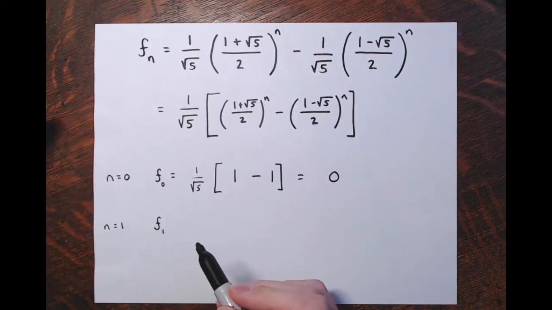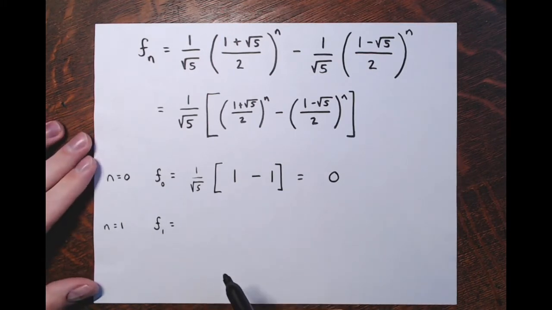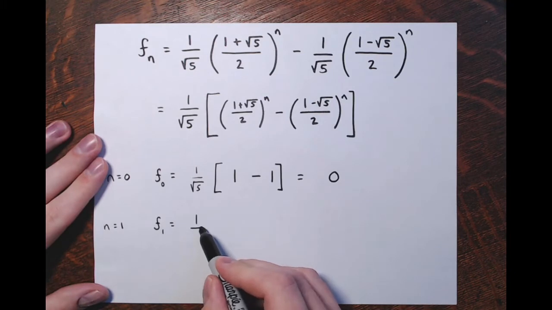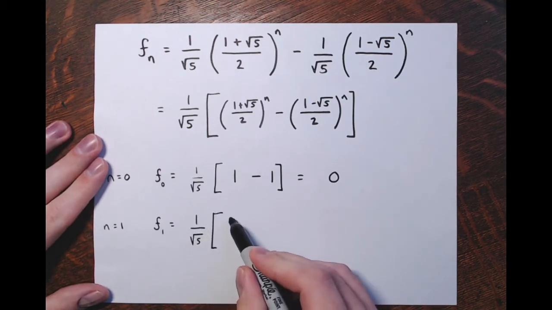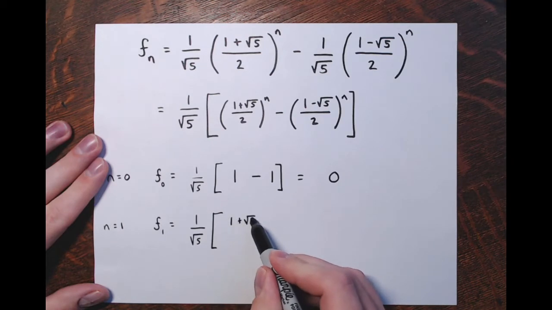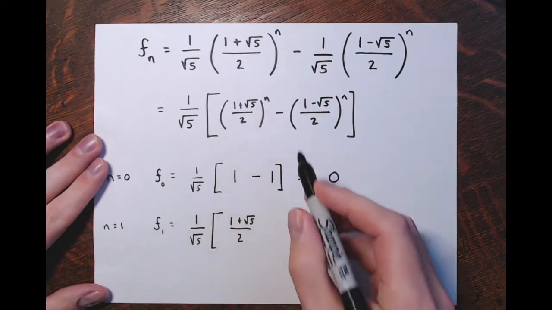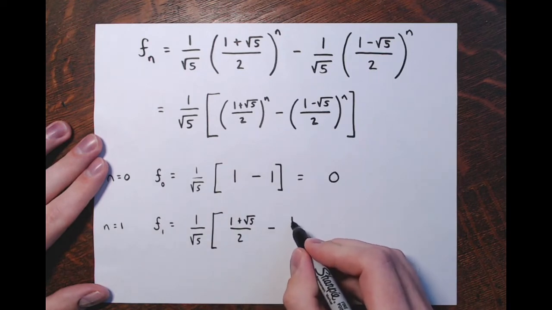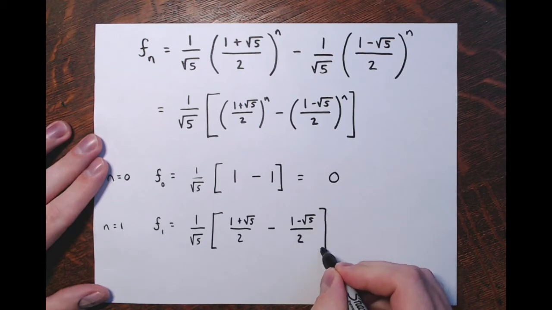Again, the way those initial terms were defined, f1 was 1. Let's see if we get the same thing here. It'll be 1 over the square root of 5 times 1 plus the square root of 5 over 2 to the first, since I'm replacing n with 1, minus 1 minus the square root of 5 over 2 to the first.